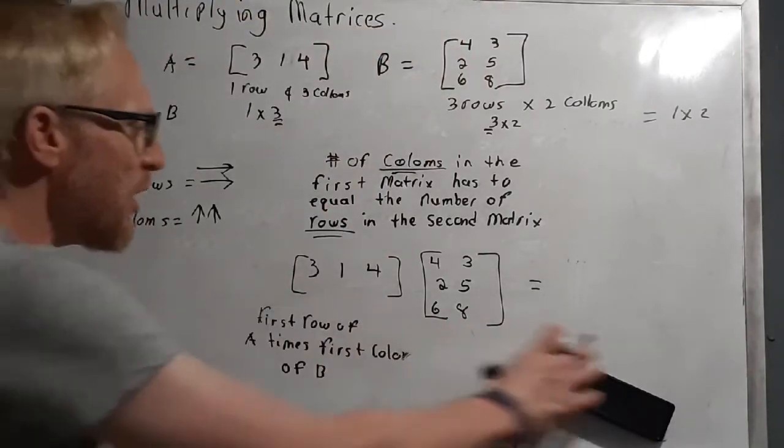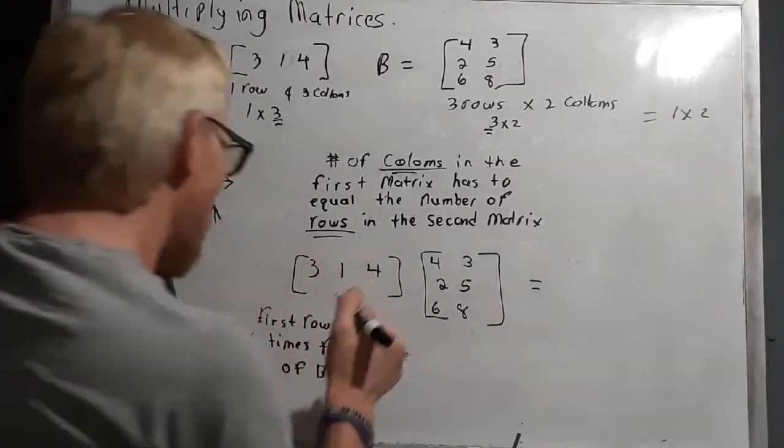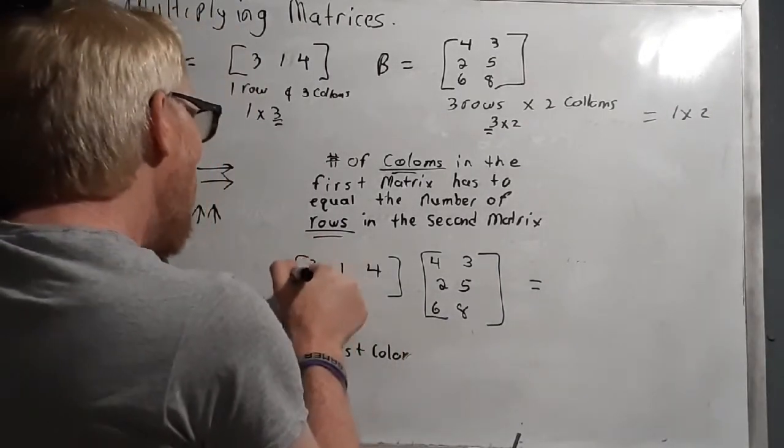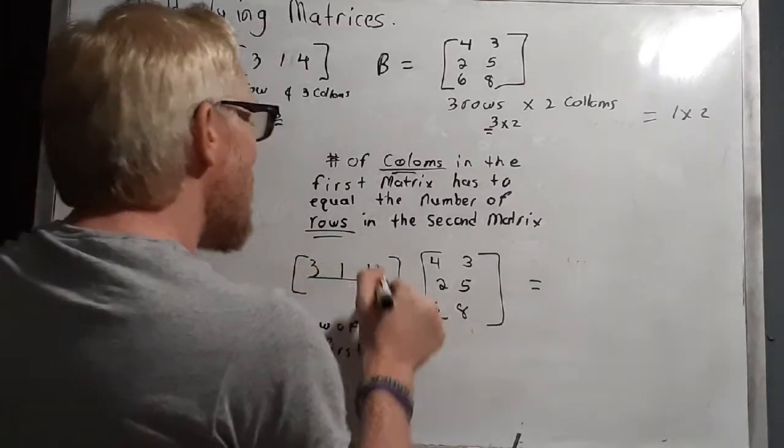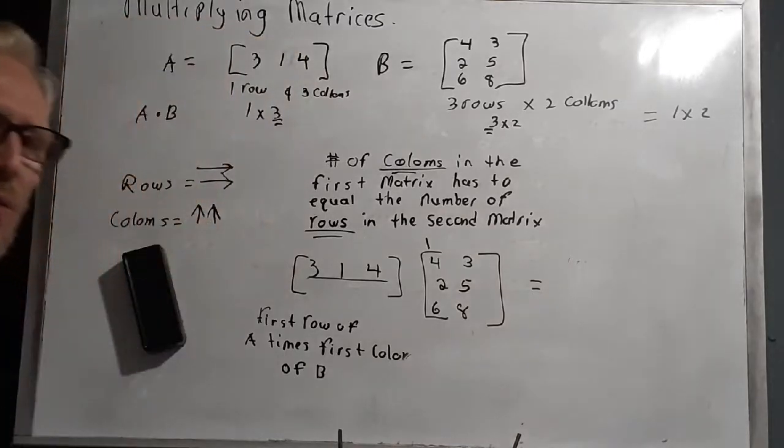Now, let's look at the matrices and let's multiply them. We're going to multiply the numbers of the first row by the first column, and then we're going to add them.